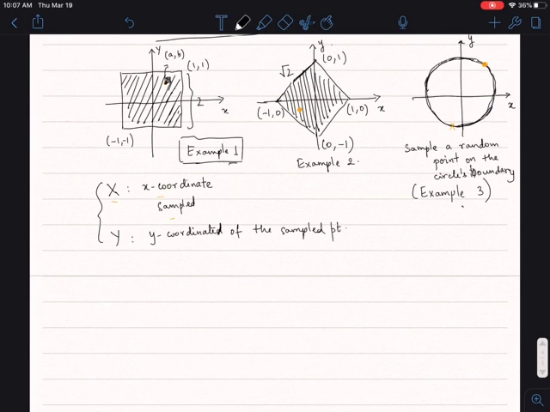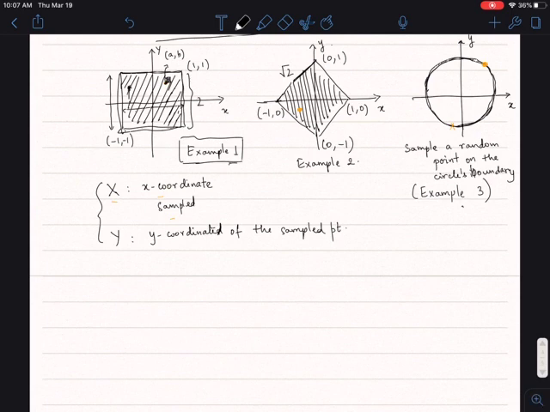Here what you should observe is that if you sample a random point from the square, the x coordinate and the y coordinate are independent of one another. If you sample any point out here, the x coordinate has a certain distribution, but conditioning on the x coordinate having a certain value, the distribution of y remains the same.